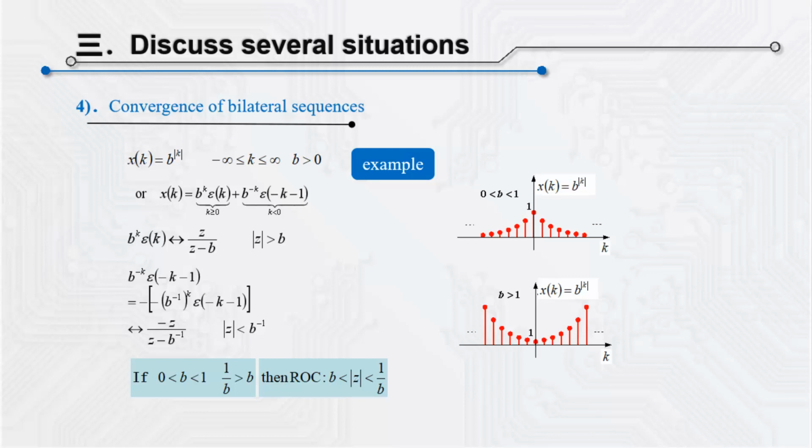Under these circumstances, the z transform of the bilateral sequence exists. Then the convergence domain is an annular area. In the case where b is greater than 1, there is no common area in the convergence domain. Therefore, the z transform does not exist.